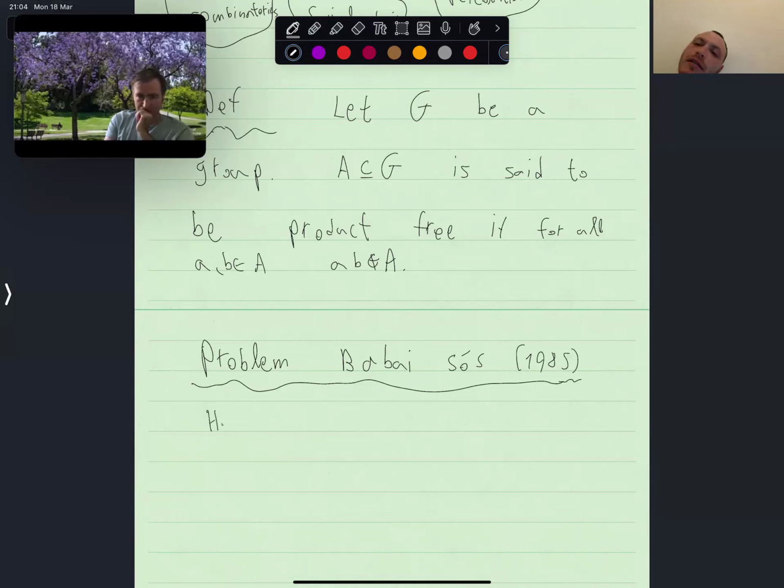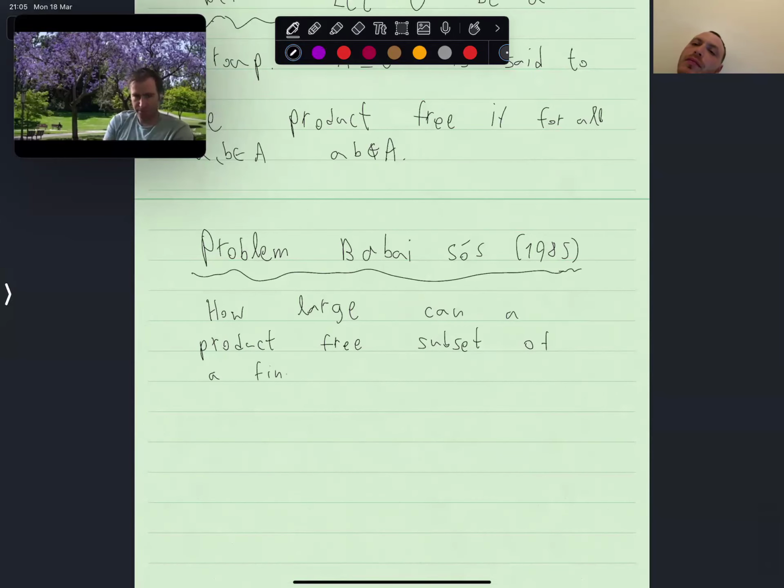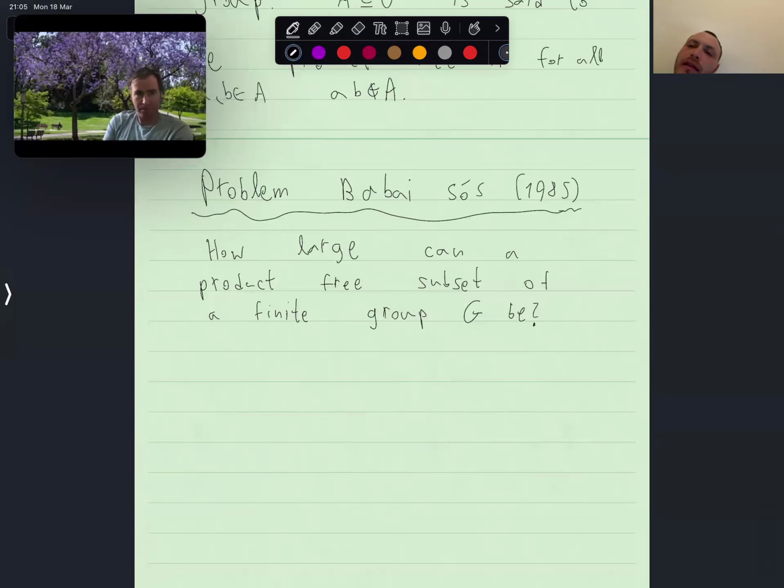They asked how large can a product-free subset of a given finite group G be? And they had this conjecture.